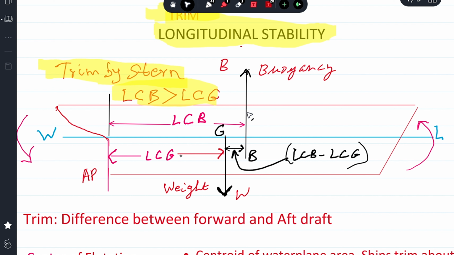So it's a couple. Couple means any force, which is weight here, the displacement, multiplied by the distance BG, which is LCB minus LCG. So the trimming moment will be the displacement W multiplied by the trimming lever LCB minus LCG.